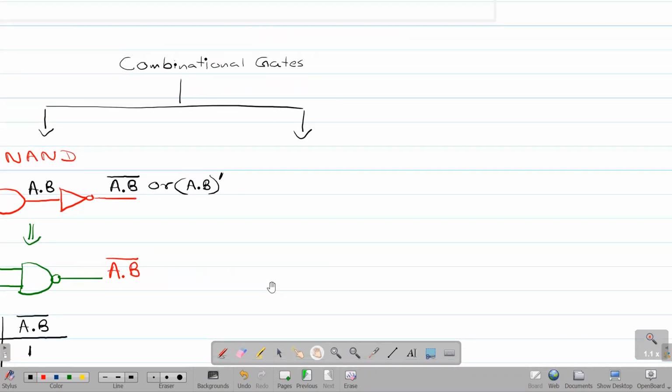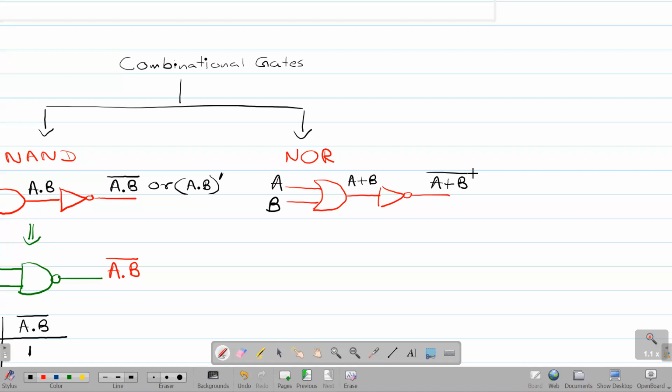So the NOR gate, the other one, goes the same way. The second combinational gate is NOR. How does the NOR gate happen? We have an OR gate, and in front of it we fix a NOT gate. As we discussed earlier, A and B give you A plus B, and this NOT gate will give you (A plus B) total bar.